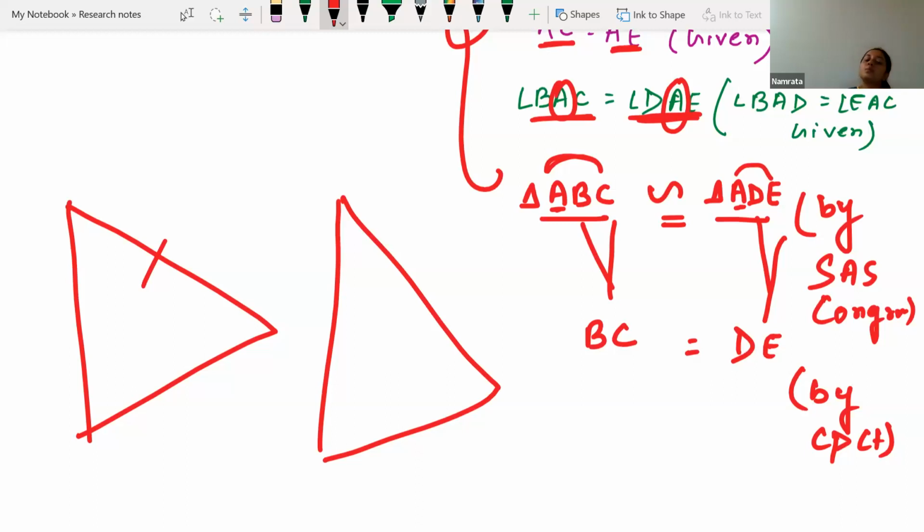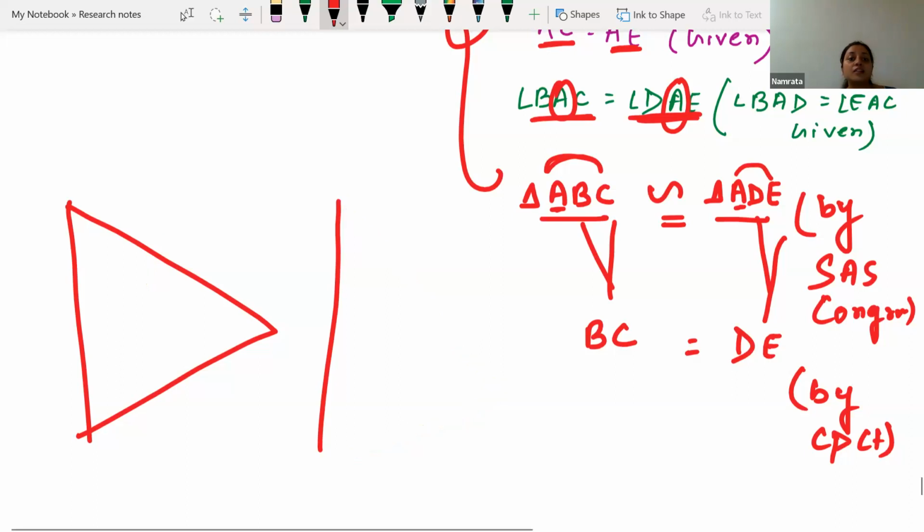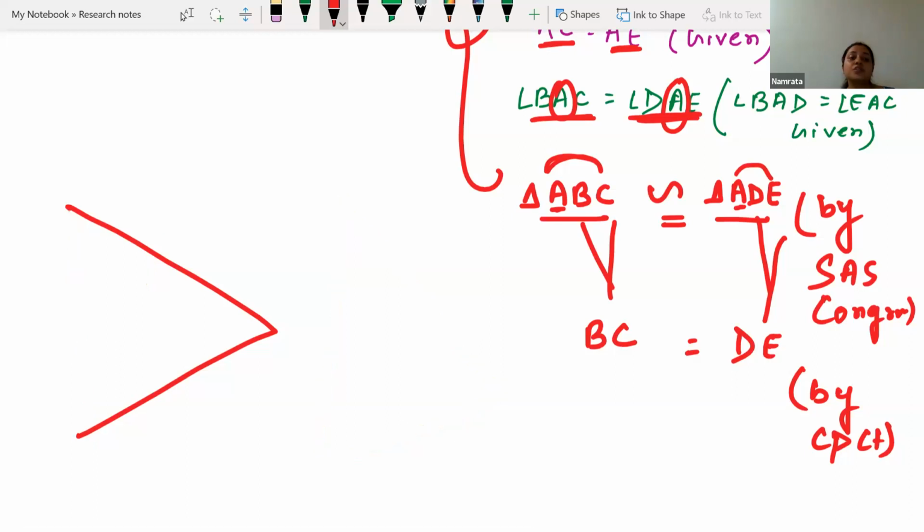So just on the basis of your list, you have to name the triangle, and just on the basis of the name of the triangle, you can identify which are corresponding sides and which are corresponding angles. Otherwise, it might be very confusing because just by looking at the picture, you will not be able to recognize which angle is same as the other.